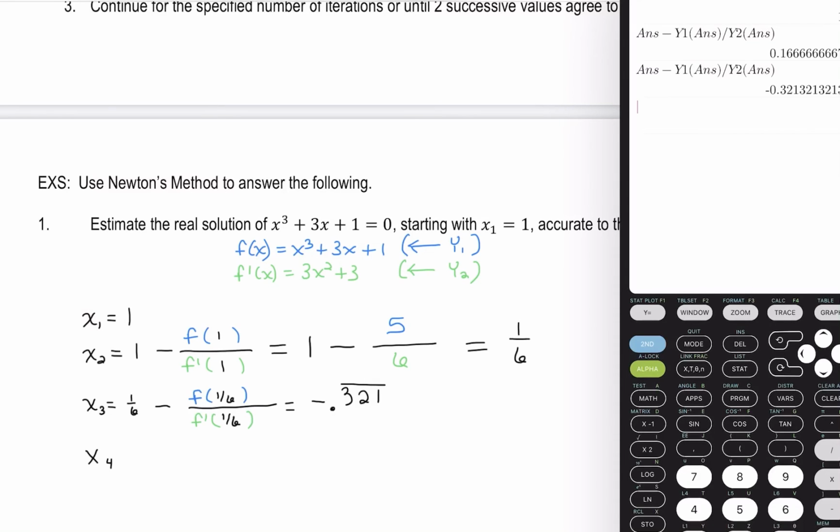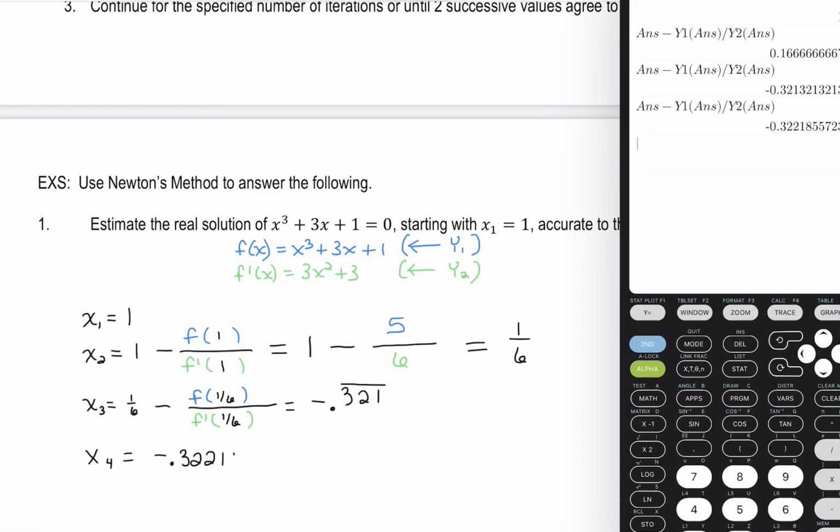So for my x sub 4, on your calculator you should be able just to hit enter, but on this one I have to do second entry, which is fine. And then we hit enter. So the next x sub 4 is negative 0.322.